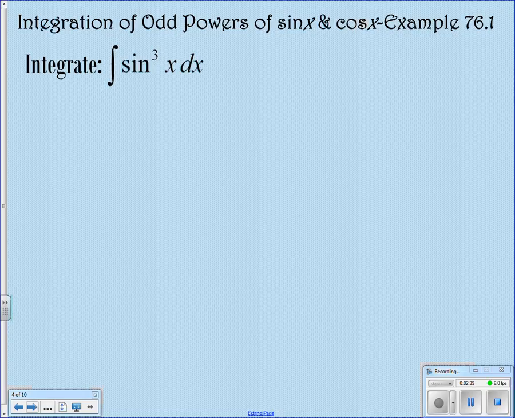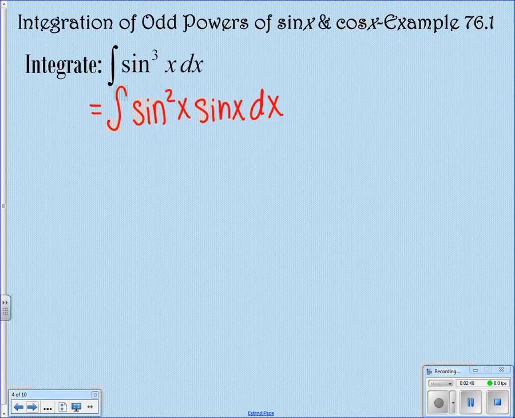What you're going to need to do instead is to split up sine cubed into sine squared and sine. We're basically going to make that second part where we have our sine or our cosine in the problem. And so sine squared, using your Pythagorean identity, is the same thing as 1 minus cosine squared.